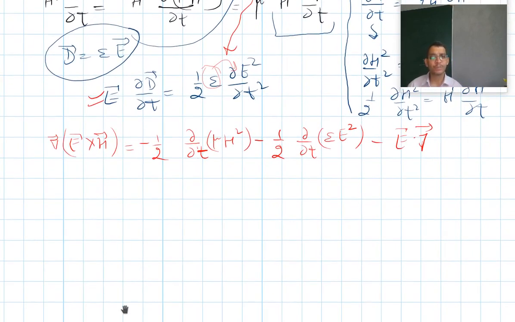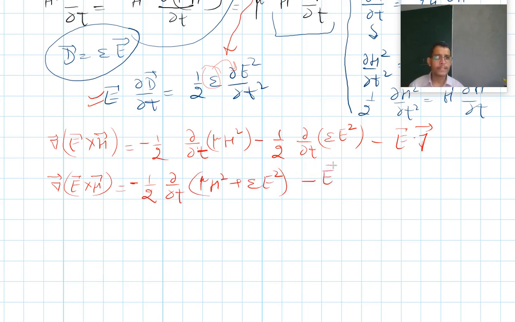And let us make it more simple. Del E cross H is equal to 1 by 2 with negative sign and curly over curly t, and inside it is mu H square plus, sorry, not mu, but epsilon E square, minus E dot J. There is no need to take the volume integral, but let us do one thing.